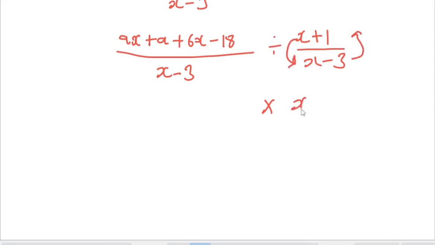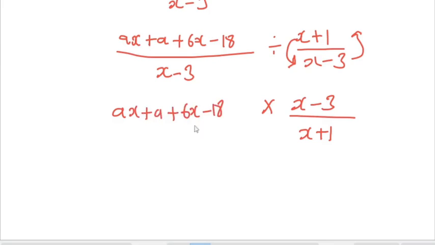So we are going to have x minus 3 over x plus 1, then here we write what we have, ax plus a plus 6x minus 18 over x minus 3.